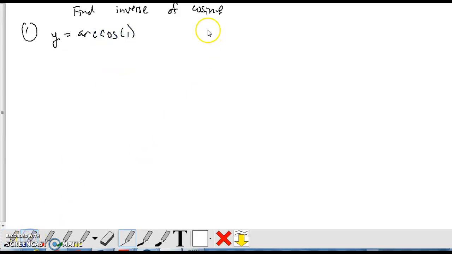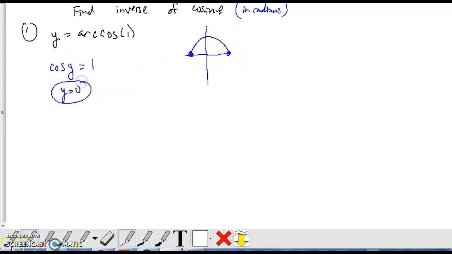So again, it's important to remember that with cosine, we are dealing with the first and the second quadrant. So again, this is like saying cosine of what is going to give me a 1. And again, this will be in radians. Okay, and the only number that will give you 1 is actually 0. So y is equal to 0.